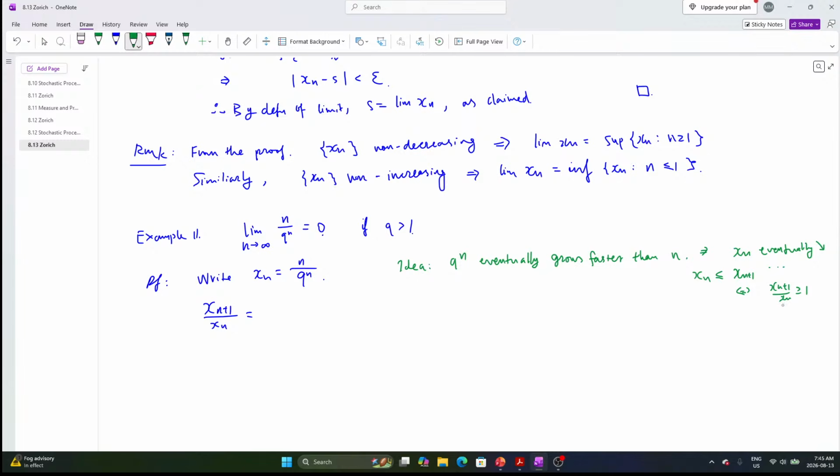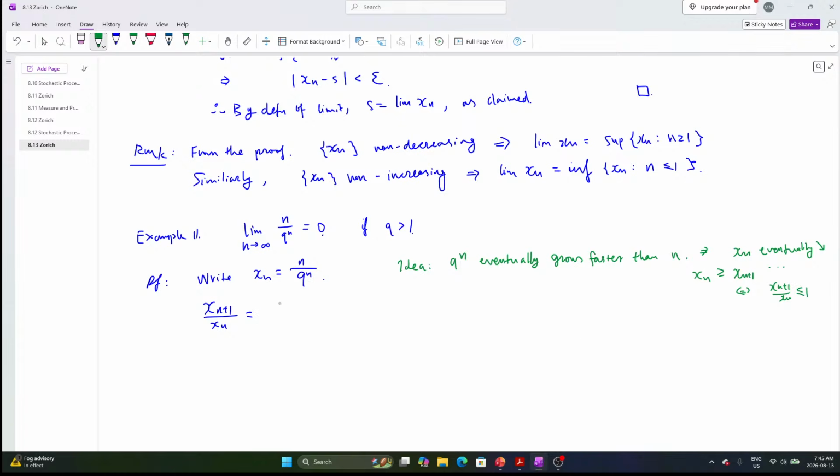No, less than or equal to 1. What am I talking about? Decreasing, so x_n is greater or equal to x_{n+1}. Oh, it's my cat. All right, x_{n+1} over x_n should be eventually less than or equal to 1.